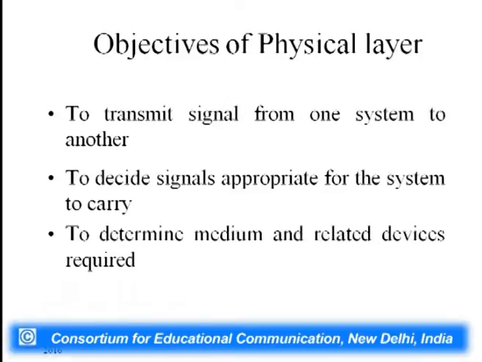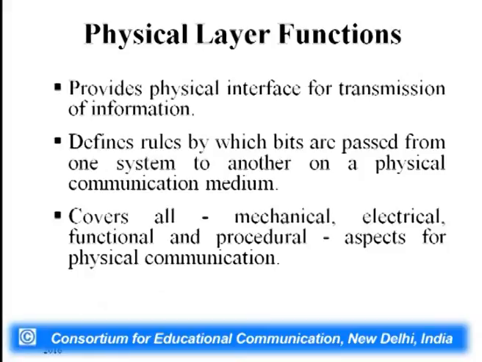Then, even if we have decided which signal is suitable for a given medium, we have to decide the various kinds of devices that are required to make this communication possible. There may be many more, but these are primarily the 3 objectives which I have defined. Now, how to meet these objectives?